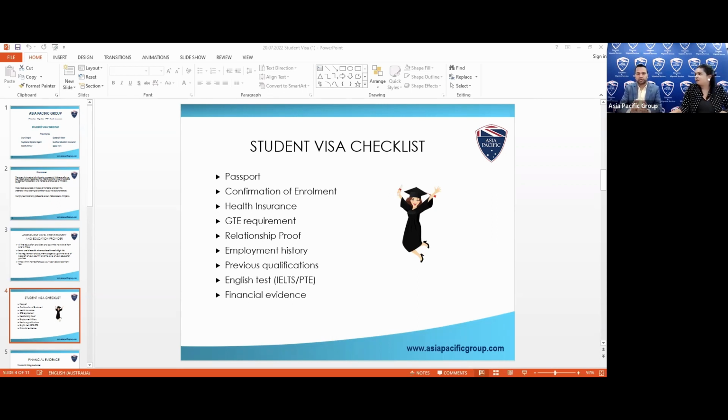Also, if you are onshore in Australia and you have already studied in Australia, then you are exempted from providing an English test result. But it depends on the situation of the person and which country's passport they are holding, so it cannot be specific advice.